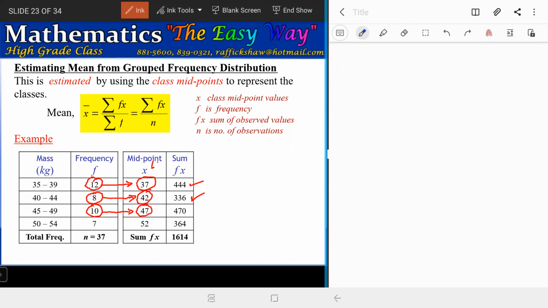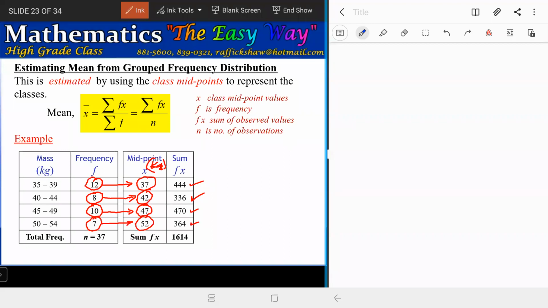This is in kilograms, the midpoint. So the total mass of those 10 balls is 470 kilograms. Then you have 7 balls left in this group, and you're assuming all 7 measure 52 kilograms. 7 times 52 is this, so this becomes the mass of the 7 balls.